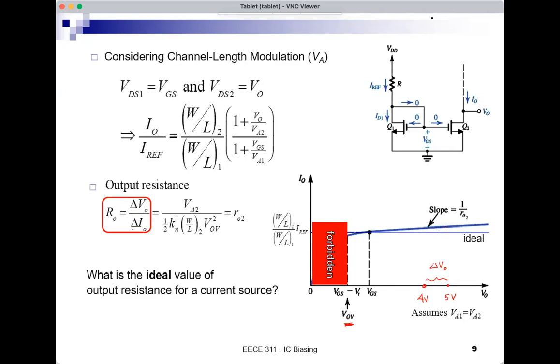So I will have some delta IO when the current source is not ideal, maybe a few microamps, let's say. And therefore its output resistance will not be infinite. It will be 1 volt over whatever, 2, 3, 4, 5 microamps. So this will be the output resistance of the non-ideal current source. This is how we can measure or estimate how far or how close we are to the ideal case.